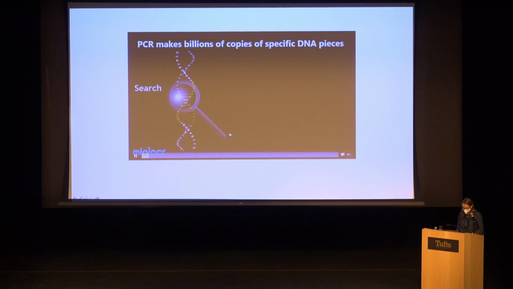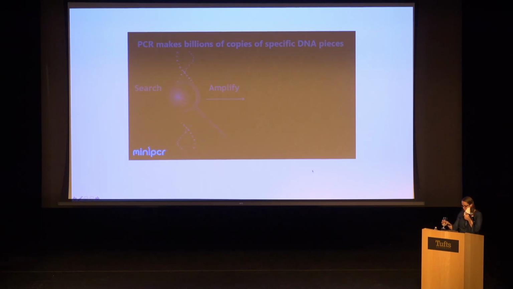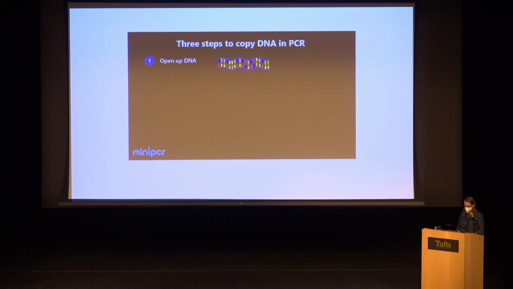PCR is a powerful technique that allows us to make billions of copies of specific pieces of DNA. The first step in PCR is to open up the two strands of DNA to expose the genetic information encoded by the nitrogen bases, A, C, T, and G. In the next step, custom-made DNA molecules help us find the beginning and end of the DNA piece of interest among the billions of letters in the genome.